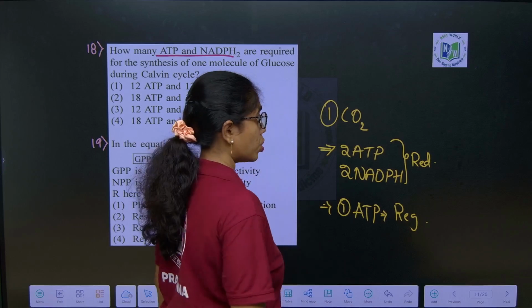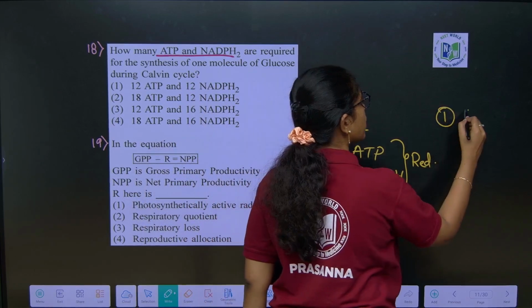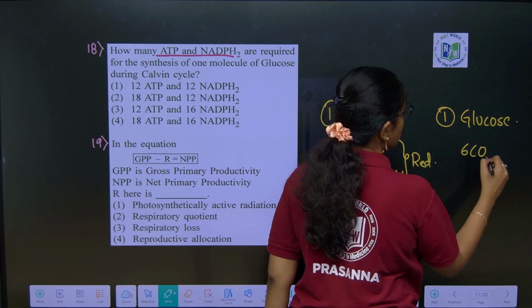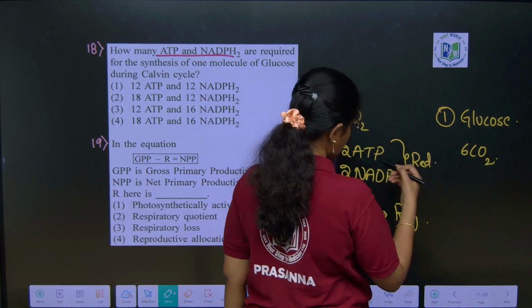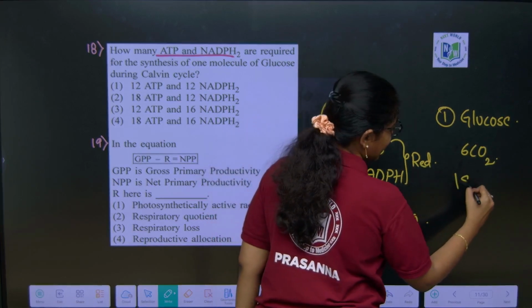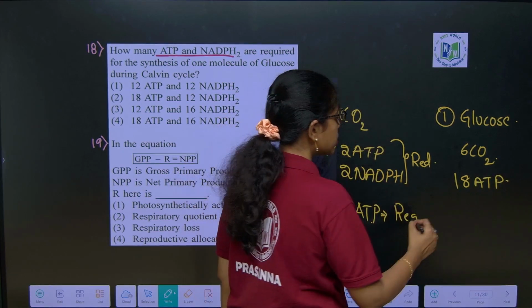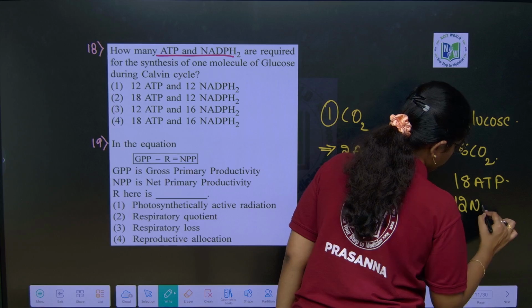But for the formation of one glucose, we require 6 carbon dioxides, 6 into 3, that is 18 ATP, and 6 into 2, that is 12 NADPH.